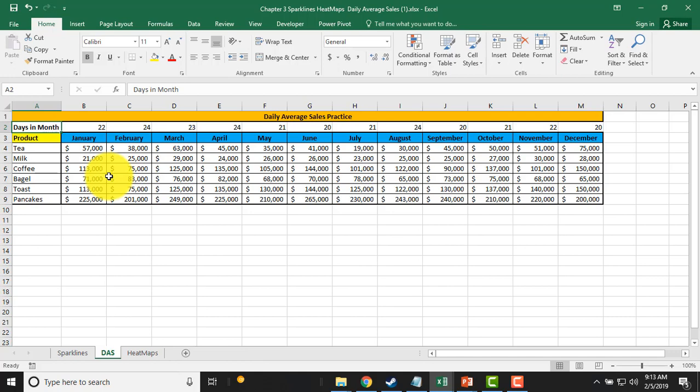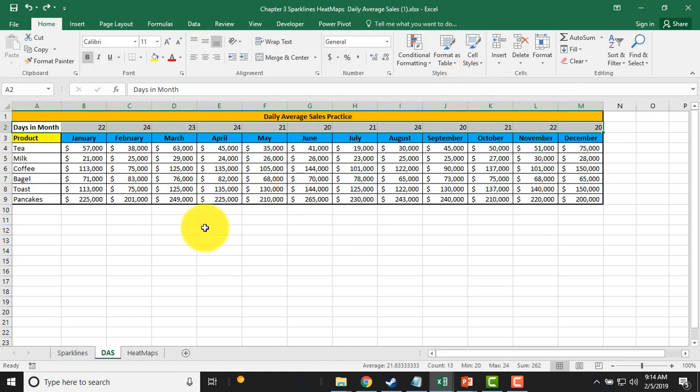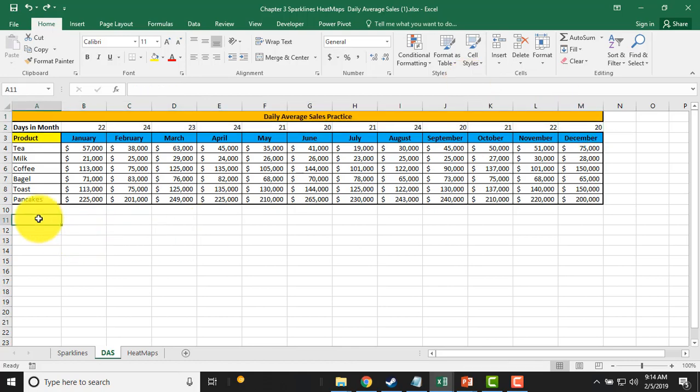Now, how do you know if your company is open 23 days instead of 25? You would have to know that with the company you're working for. So I'm telling you here that our business is open these number of days each month. Now, the reason this is going to be important is because if we're going to compare February's performance to January's, or March to January, which is off by just $6,000.